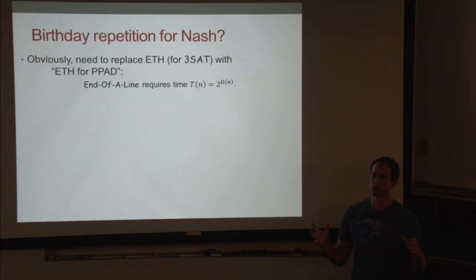So the first thing, if we're going to talk about epsilon-Nash, is we have to replace our hardness assumption. Epsilon-Nash is not a decision problem, so we're not going to get anything if we assume ETH for 3-SAT. We need to assume this ETH for PPAD, which says that this End of a Line canonical problem requires exponential time.